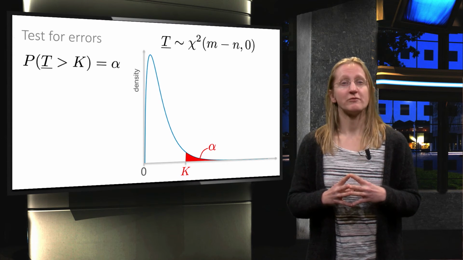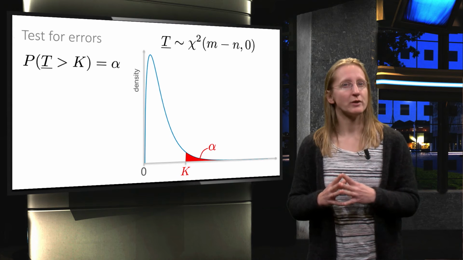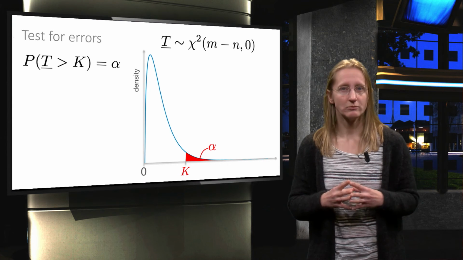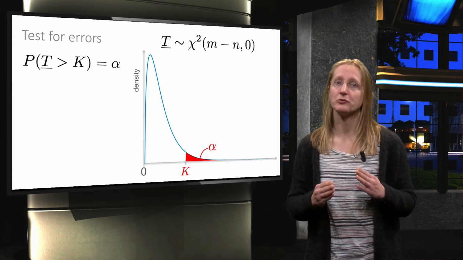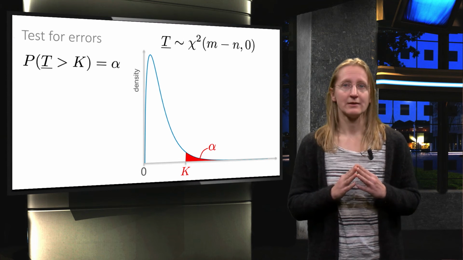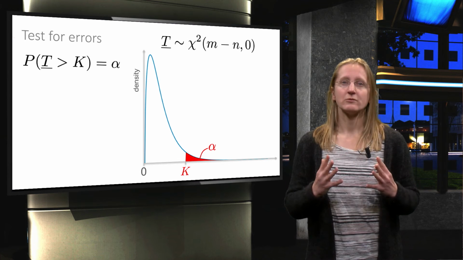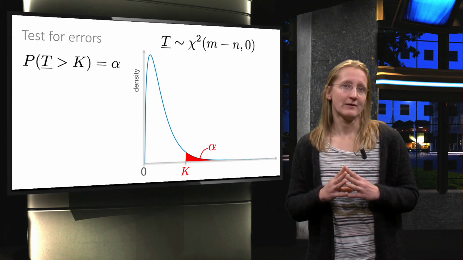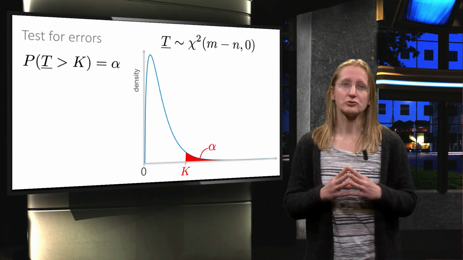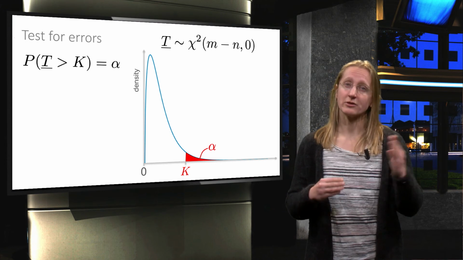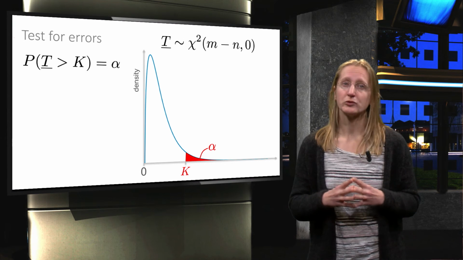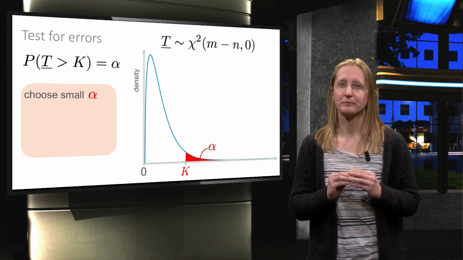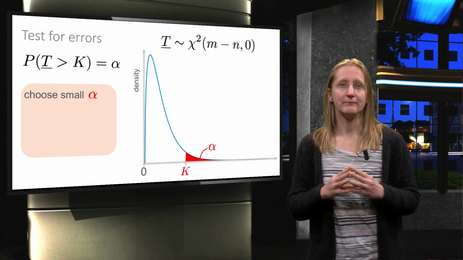Knowing the distribution of a random variable allows to evaluate the probability alpha that an outcome or realization will exceed a certain value k as visualized here. The red area is thus equal to the probability alpha that an outcome is larger than k. Vice versa, we can also choose a probability and calculate the corresponding k. What we will do is to set the probability alpha equal to a small value and then calculate k.